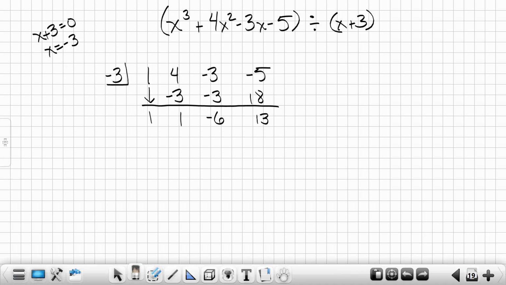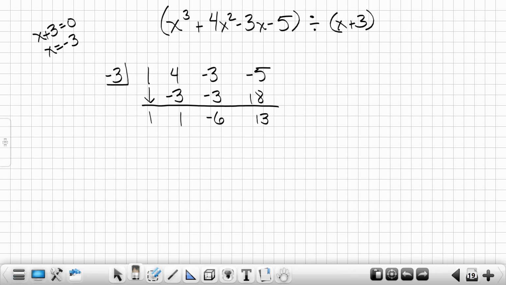Now, this is called the depressed polynomial. I have technically divided x to the third plus 4x squared minus 3x minus 5 by x plus 3. It is this. These are my new terms. If I divide x cubed by x, what will it be? X squared.